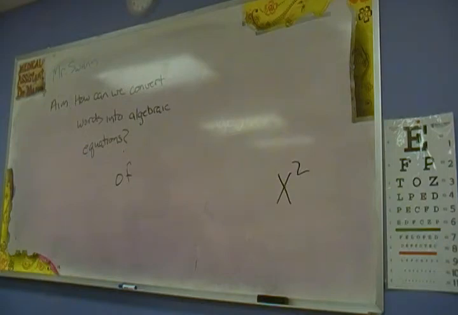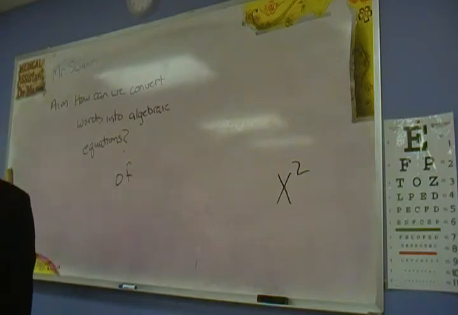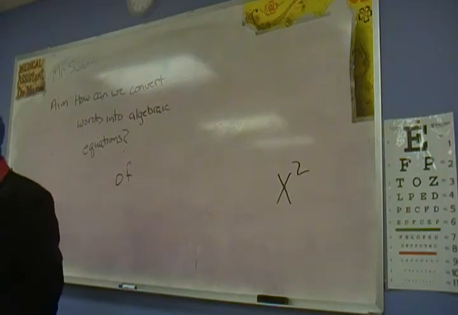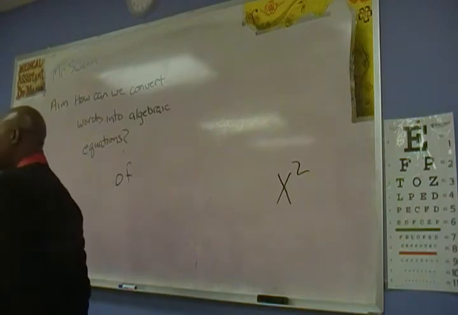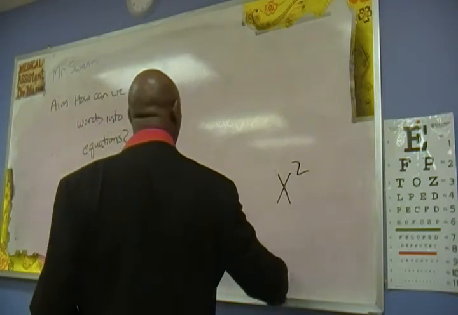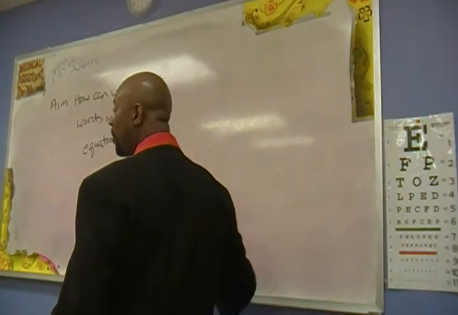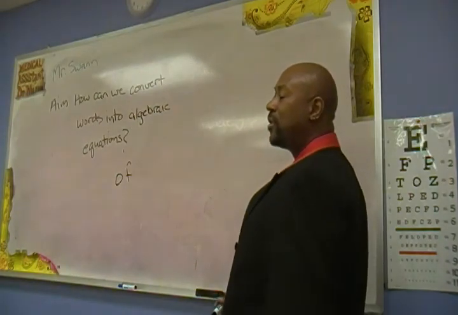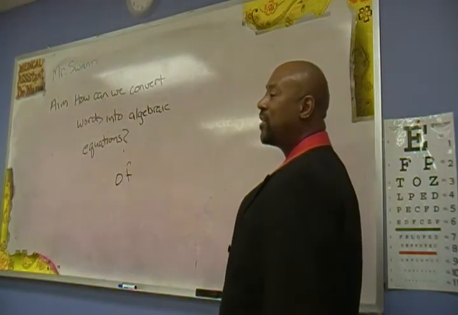I know that we did the square root before, right? Square root of a number less 6. It's x squared minus 6. No, can't be right. You know what it is, Keith?